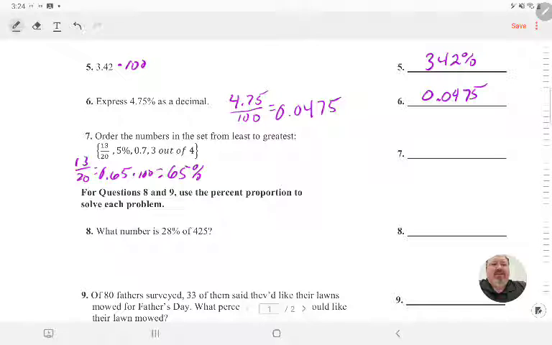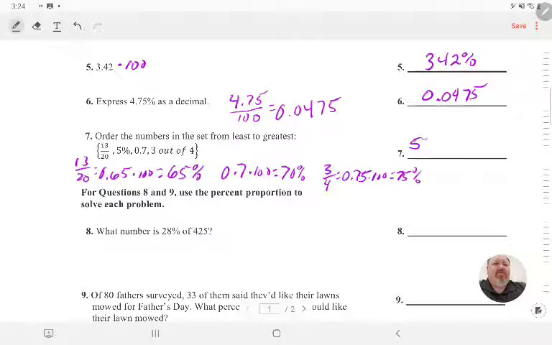Then we have 5%. Then we have 0.7 times 100 equals 70%. And then 3 out of 4 would be a fraction of 3/4, which is 0.75 times 100 equals 75%.